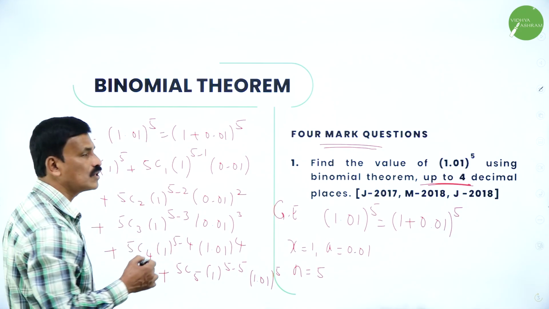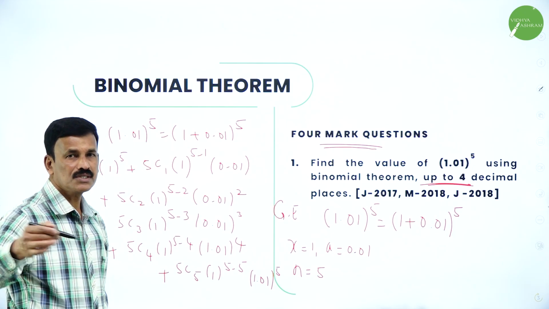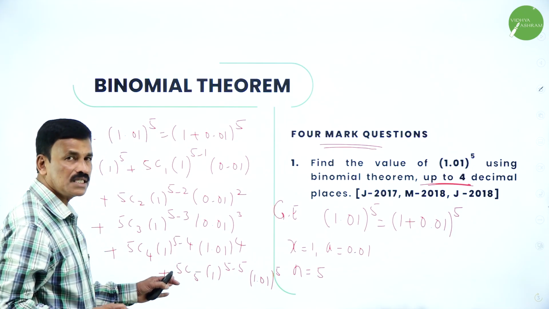Right, (x plus a) to the power of n is x raised to n plus nC1 x to the power of n minus 1 into a, and so on, up to the last term nCn.